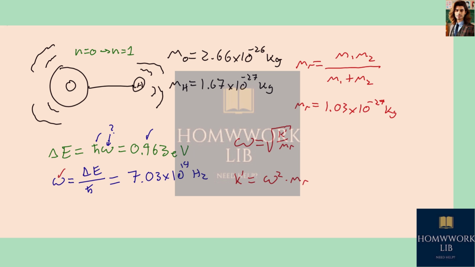And if we have omega here and m_r here, our force constant is simply to be calculated, and we get 508 kilograms per second squared.